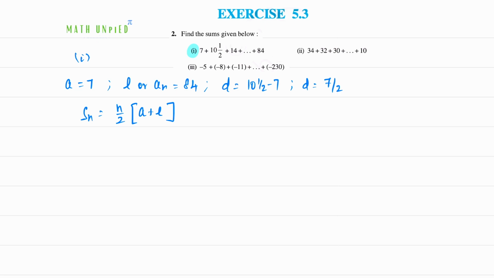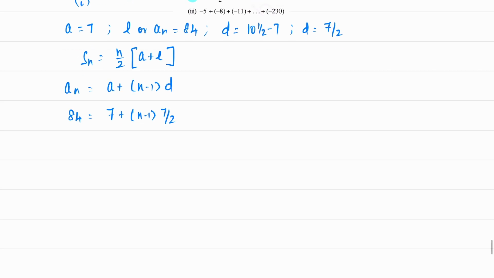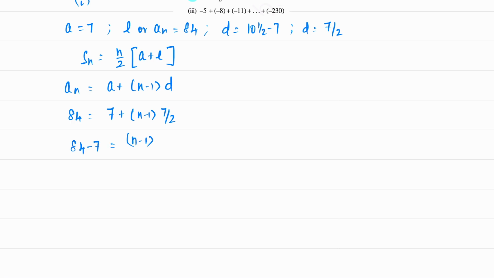So an is given by a plus (n minus 1) times d. What is an? An is 84. 84 equals, what is a? a is 7, plus (n minus 1) times 7 over 2. 7 over 2 is the difference. So we can simplify this. 84 minus 7 equals (n minus 1) times 7 over 2. 84 minus 7 is 77.